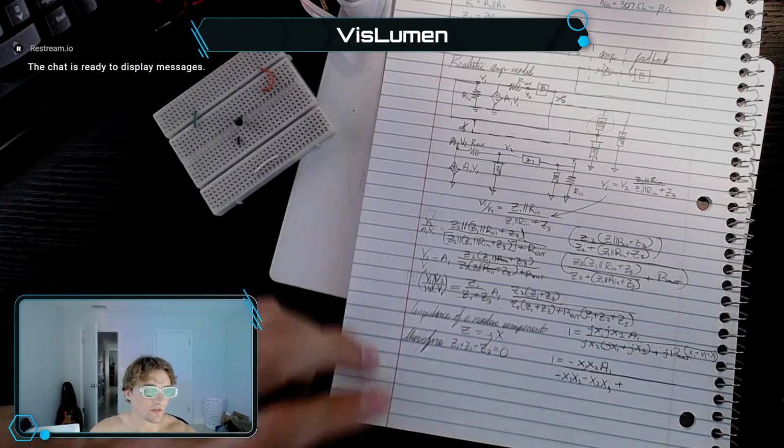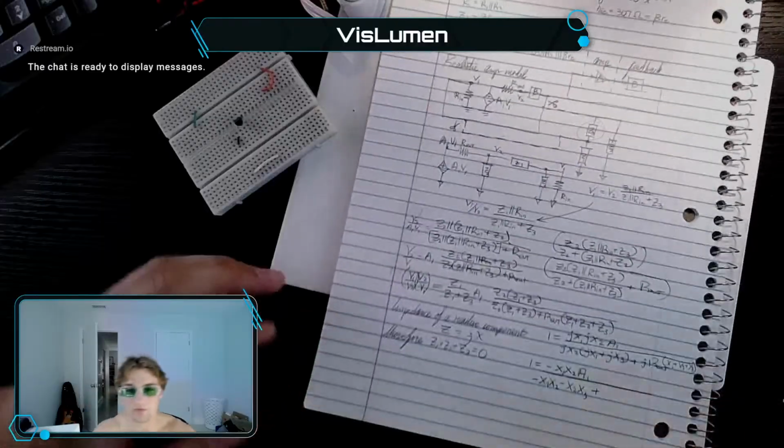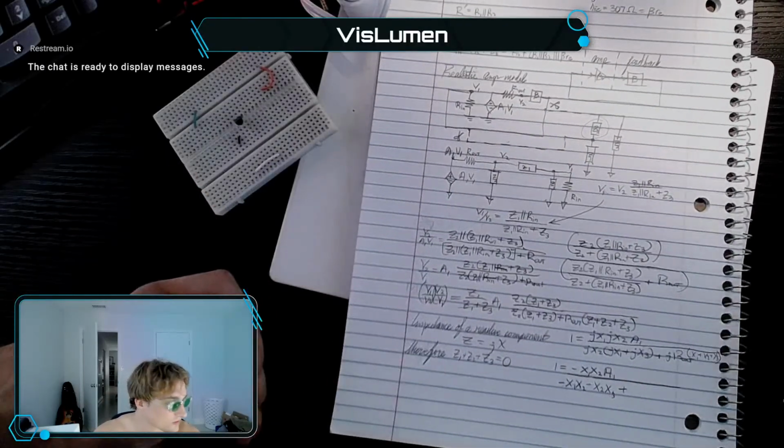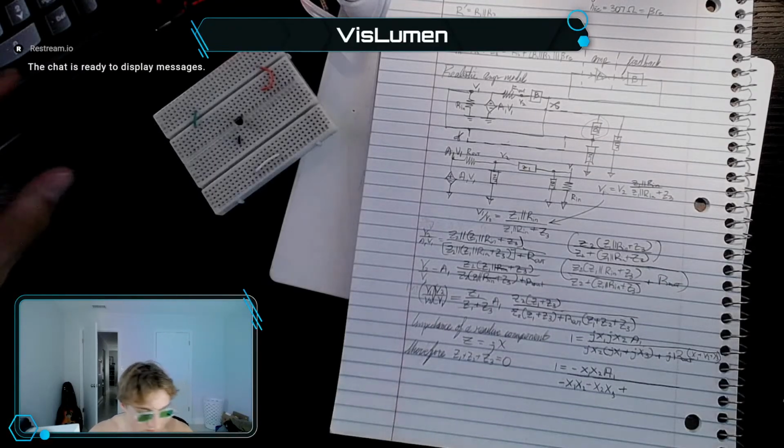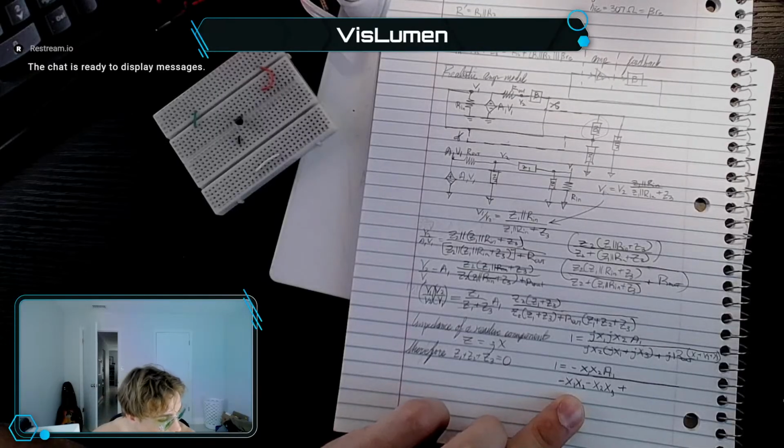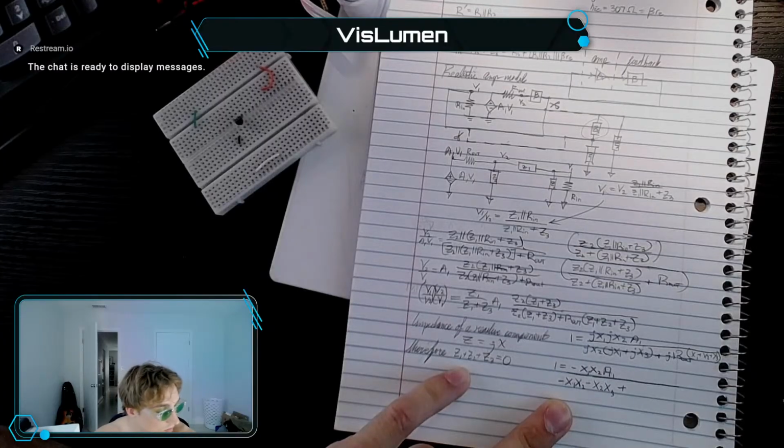Yeah, this is the derivation of everything. I guess this is kind of what I wanted, actually. Okay, so 1 equals, yep, we figured all that out. And that would indeed be 0. So we get this.